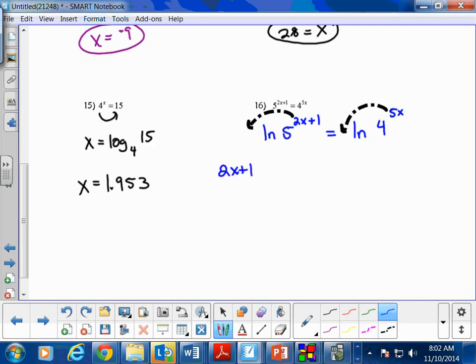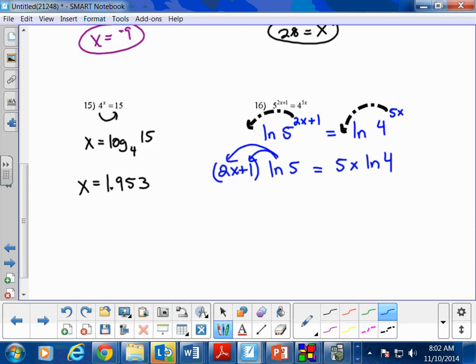2x plus 1 times natural log of 5 is equal to 5x natural log of 4. Now, I'm going to distribute this one because it's important to separate it.